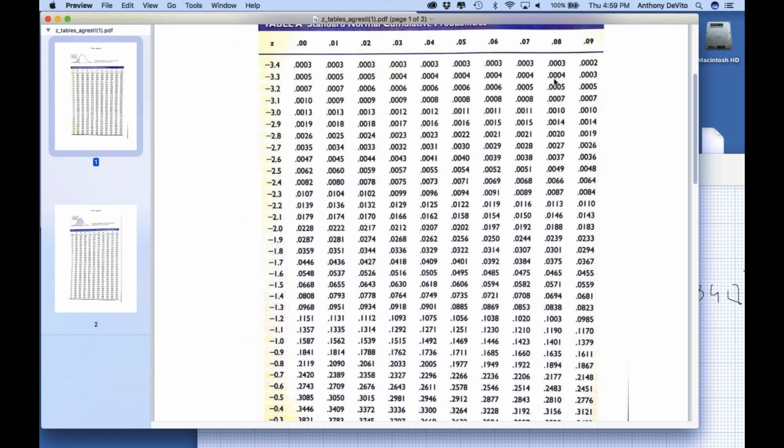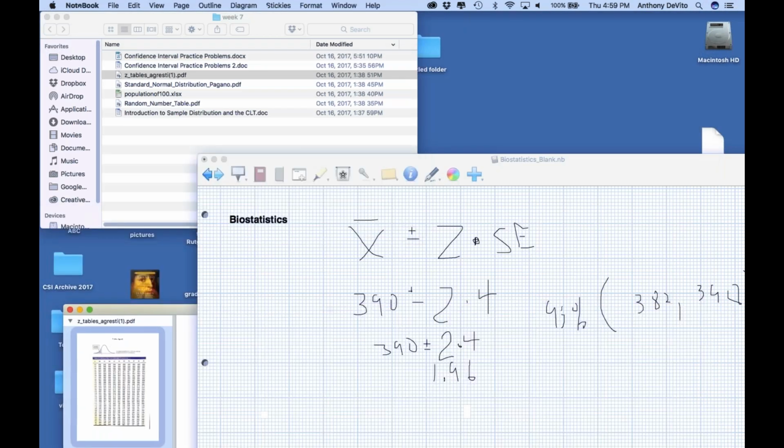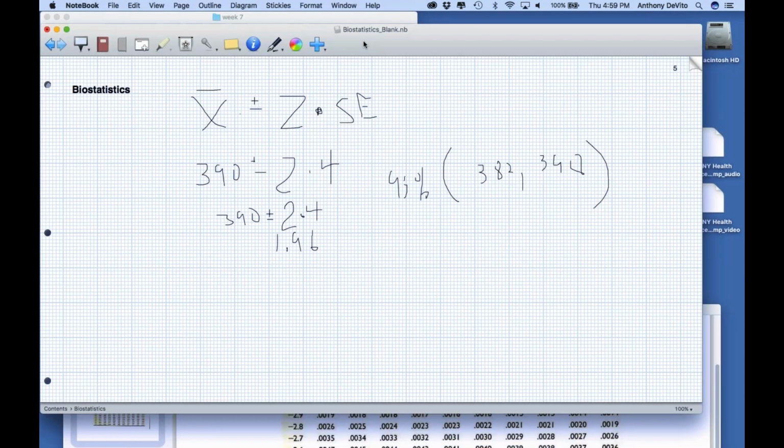Okay, so now let's say what I just predicted, based on our sample, I predicted that the true population mean is between 382 and 398.